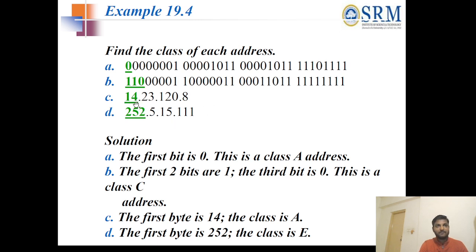If we see that the leftmost bit is 0 here, then obviously it is in class A. Now 252 is very interesting because 252 equals 255 minus 3. So from the right, the last two bits will be 0, and all the remaining bits will be 1. As the first four bits are 1, we can easily say that it belongs to class E.